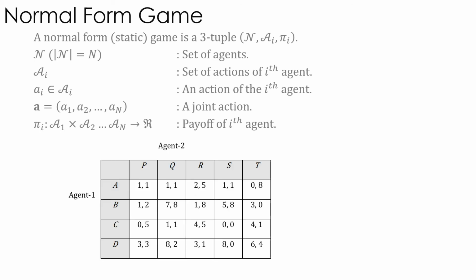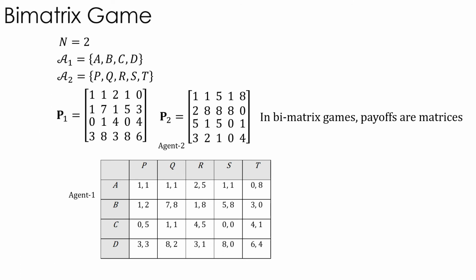Now this is a bimatrix game with two agents whose action spaces are A, B, C, D and P, Q, R, S, and T. Now we can represent the payoffs of the two agents as these two matrices here, P1 and P2.